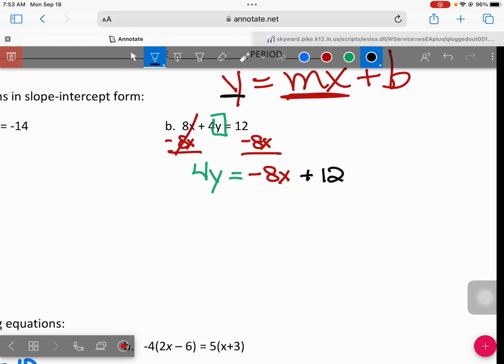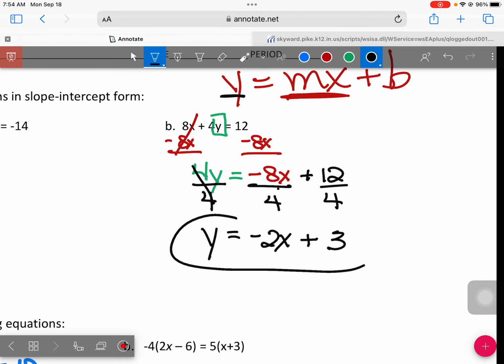So 4 is being multiplied; I need to divide by every term. Every term. The 4s simplify out. Y is equal to negative 8 divided by 4, which is negative 2x, plus 12 divided by 4, which is 3. Y equals mx plus b form.